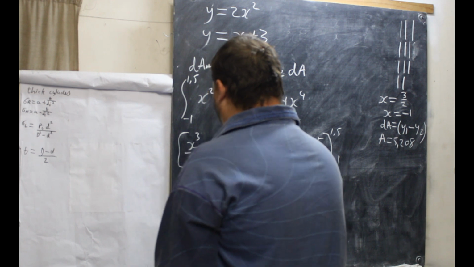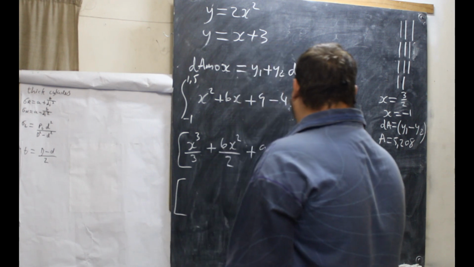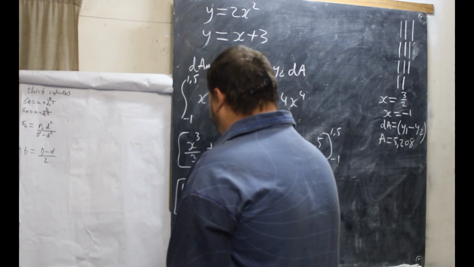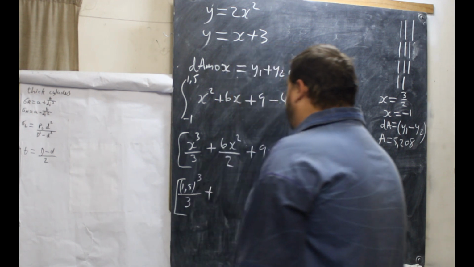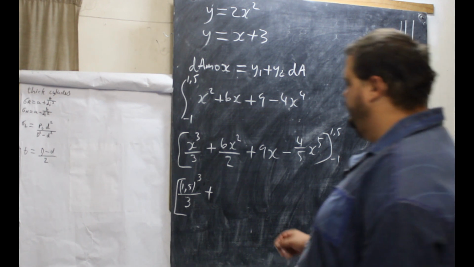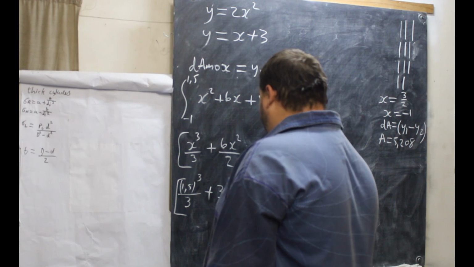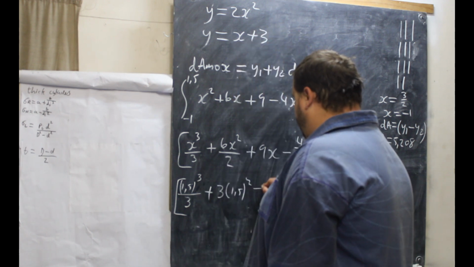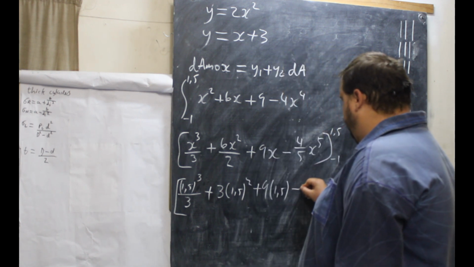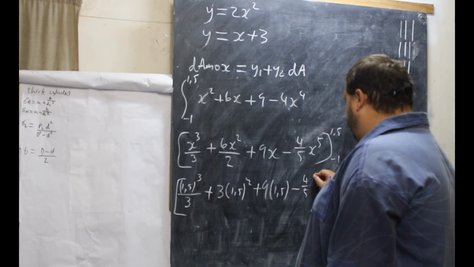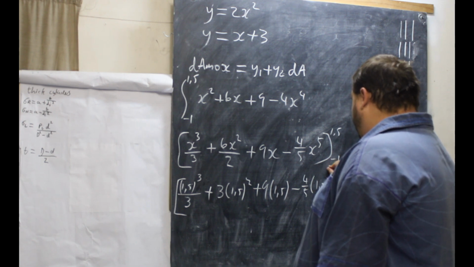Now let's get this down to where we can use it. So 1.5 to the power 3 over 3 plus 6 divided by 2 is 3. So that is 3 times 1.5 squared plus 9 times 1.5 minus 4 over 5 times 1.5 to the power 5.